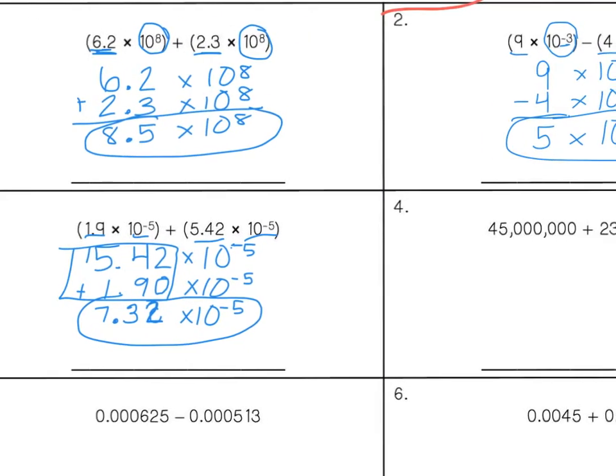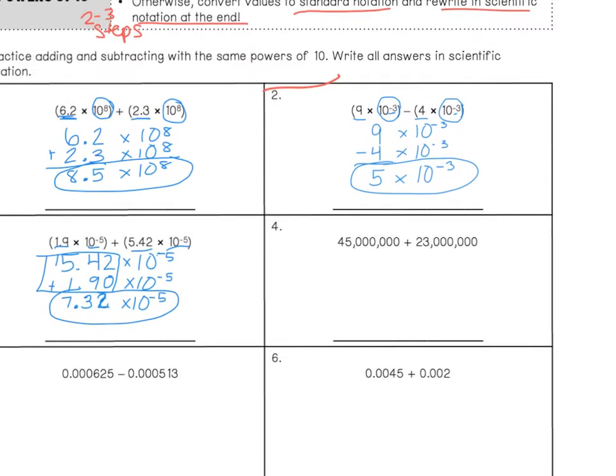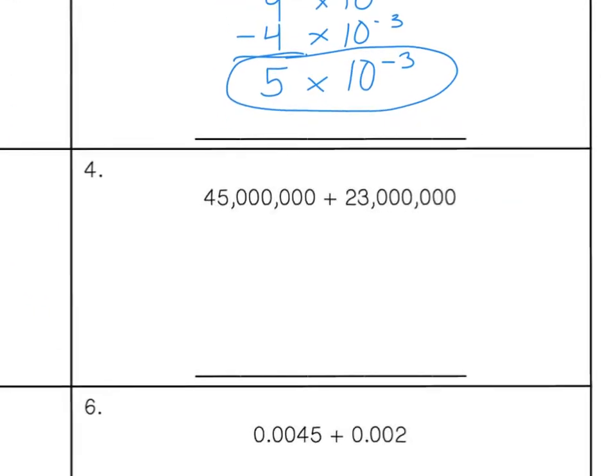All right, so for this example, we can convert them to standard notation, or we could just add in scientific notation. I think it's easier to just add in scientific notation, so I'm going to convert both of these.